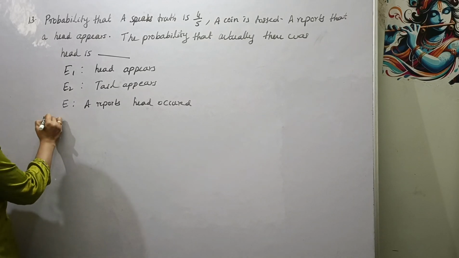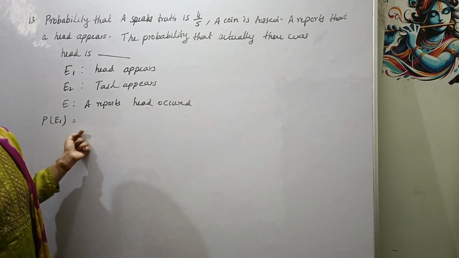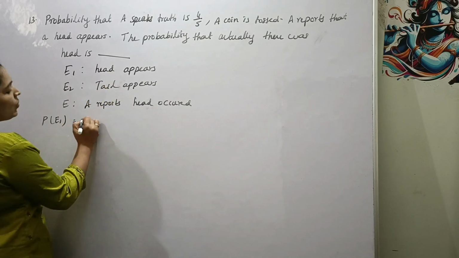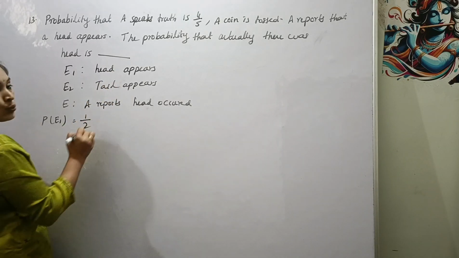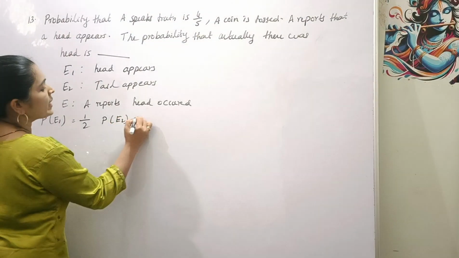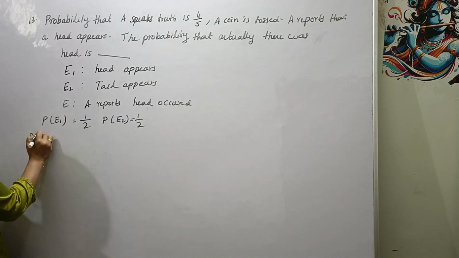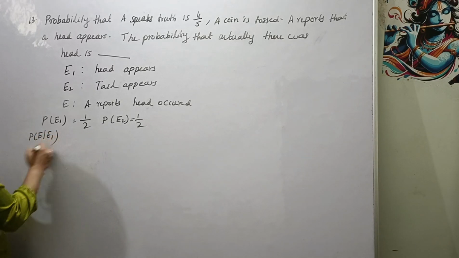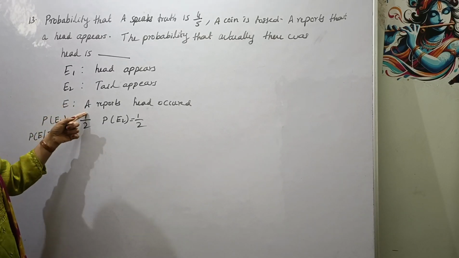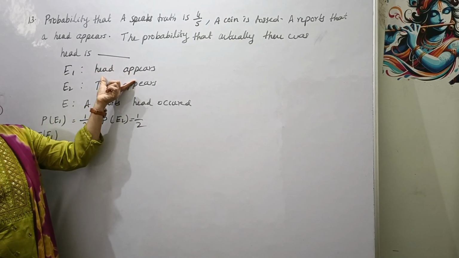Now what is probability of E1? When tossing a coin, what is the chance of getting head? 1 by 2. So probability of E2 is also 1 by 2. And what is probability of E given E1? That is probability of A reports head occurred when head occurred.